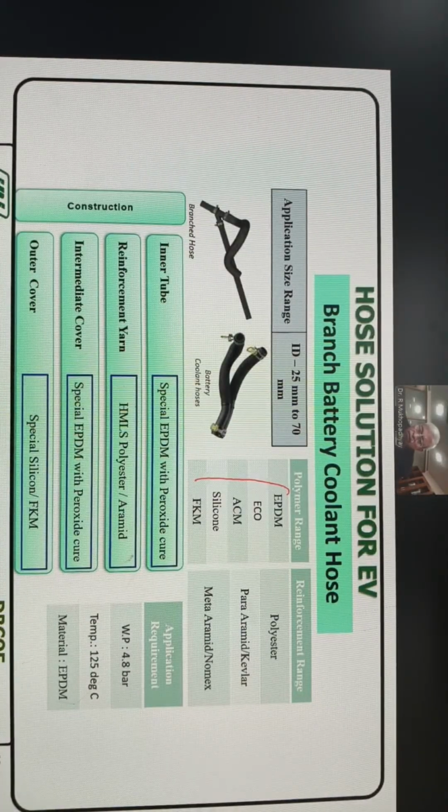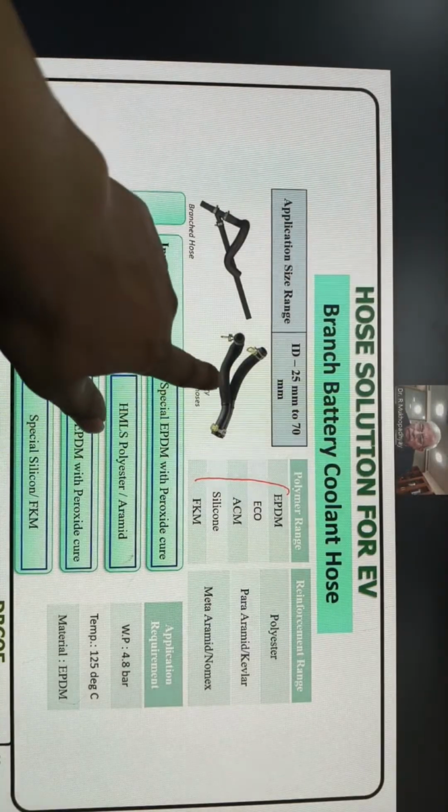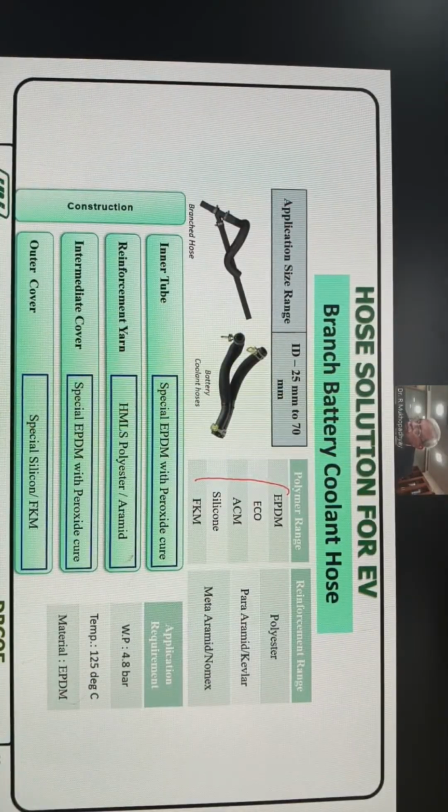Generally for EV, as I told you, the thermal management requires EPDM or epichlorohydrin or acrylic or silicone and fluorocarbon. This is the reinforcing material, so the change will go.